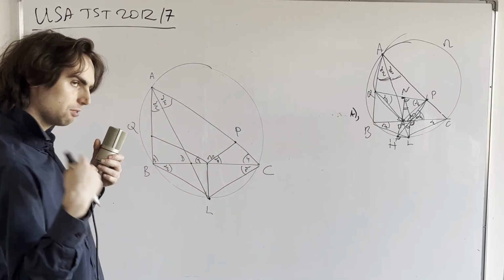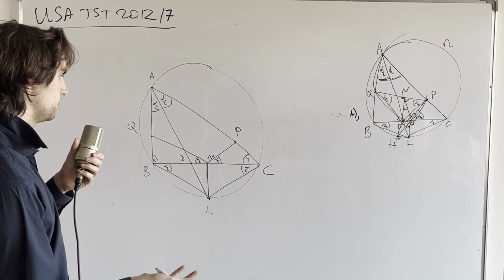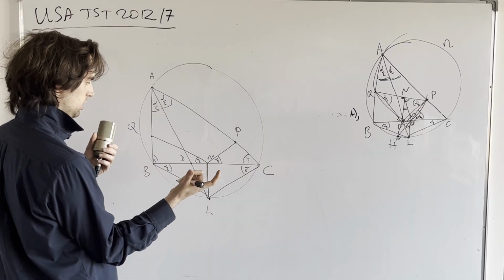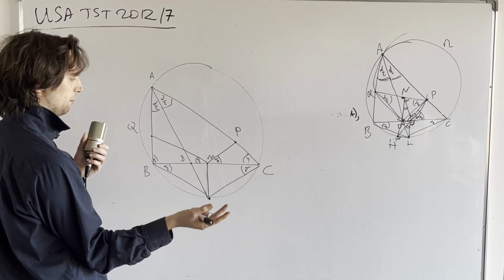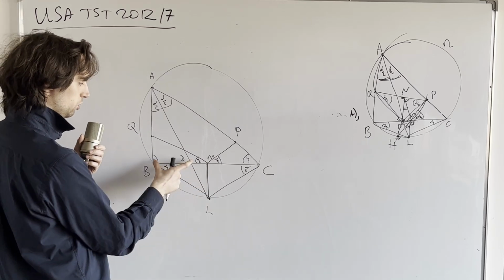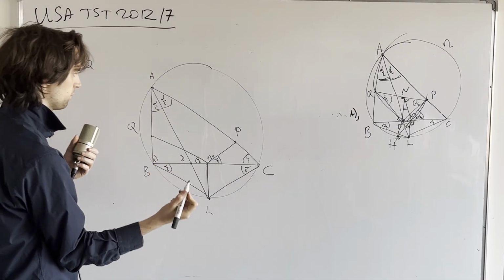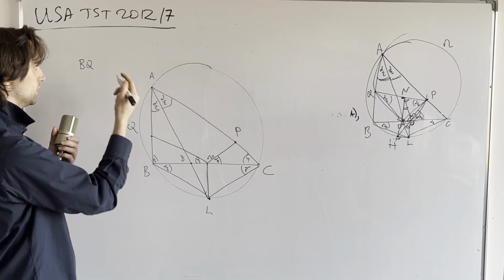So let's now do some fact finding for P and Q. What do we know? For me, I see two ways to go about this. One way is to use power of a point to calculate what BQ is, what AQ is, like where is Q?